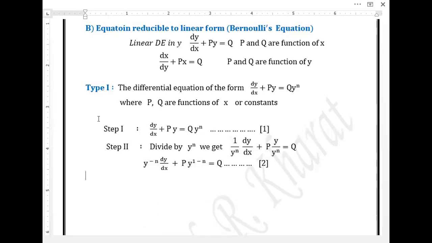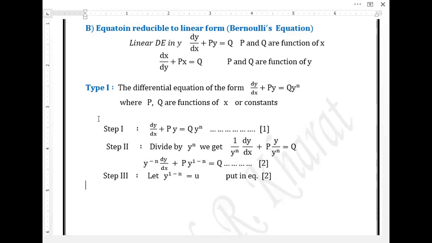For that, we have to assume the term with P, that is y raised to 1 minus n, equal to u, another variable or parameter.